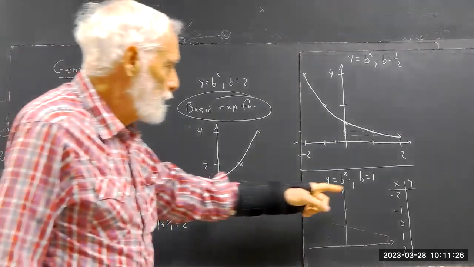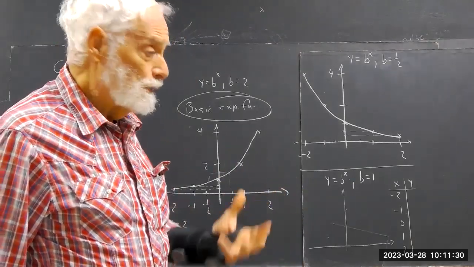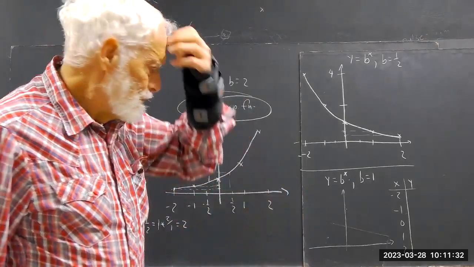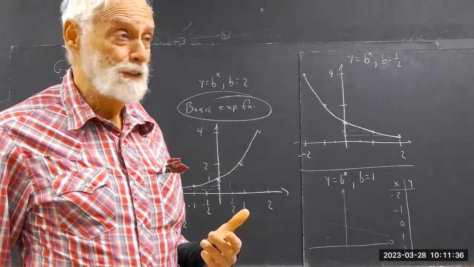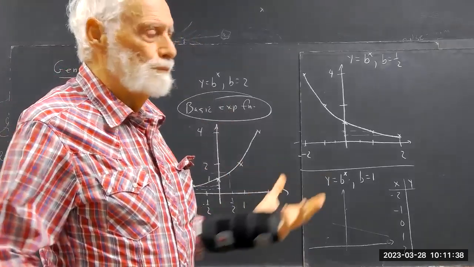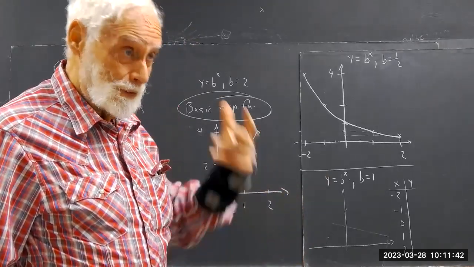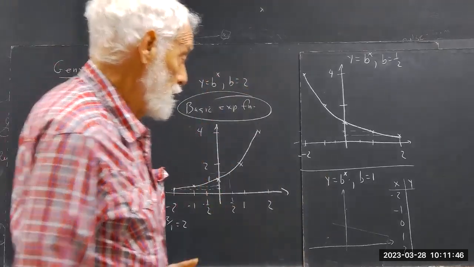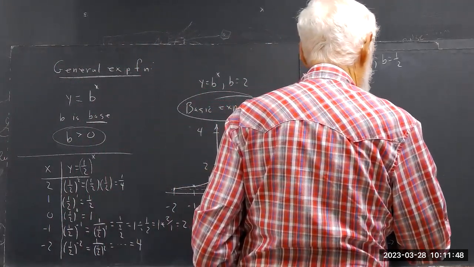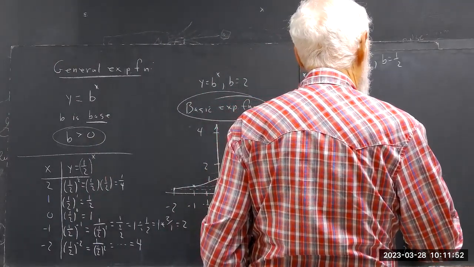So we want to look at what happens if b equals 1. Now, everybody's making the table, but most people didn't go into the details of calculating these things and wrote down maybe what they thought rather than what it is. Okay, so again, you want to focus on the arithmetic. So if x equals -2, you get 1 to the -2.